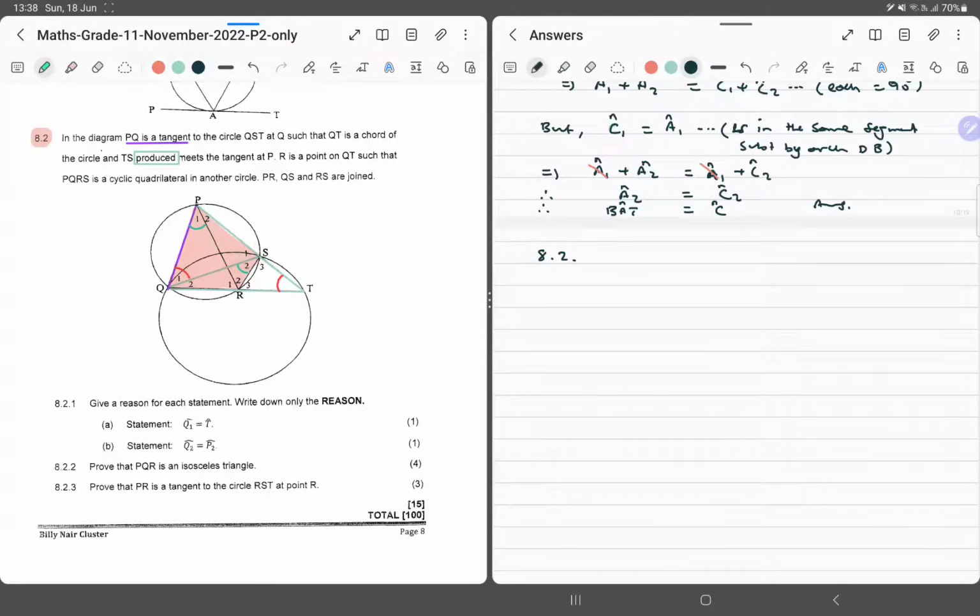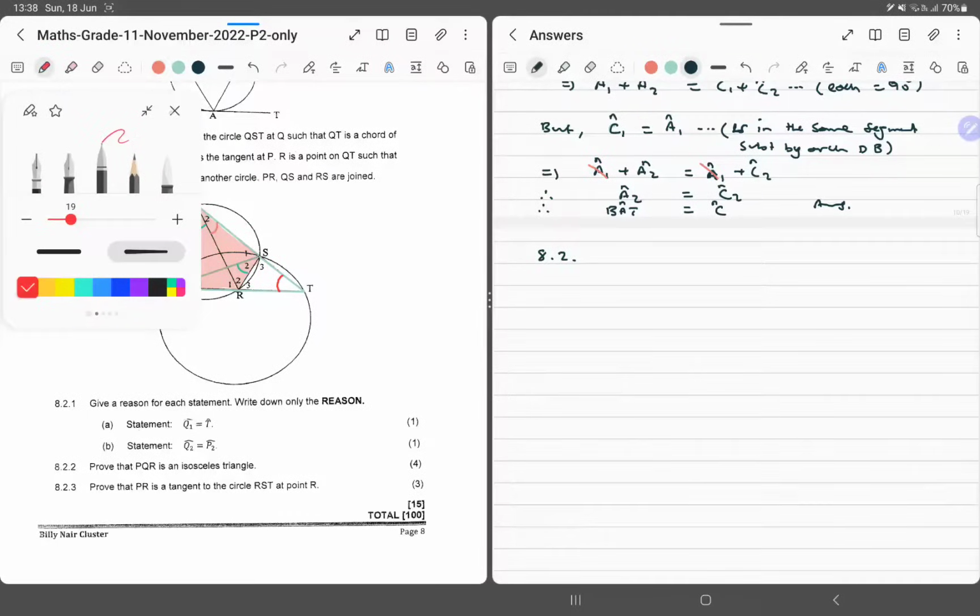Those are the angles in the same segment subtended by chord QR in that smaller circle. Likewise, this one is equal to that one. Why is that? Those are angles in the same segment subtended by chord RS or arc RS.